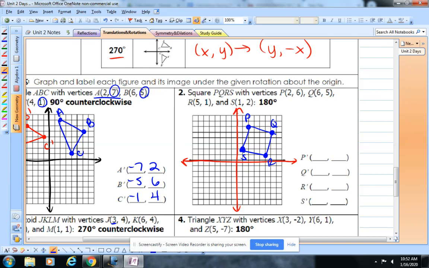So what do we do to our coordinates when we have a 180-degree rotation? Just change all the signs. So P prime from 2, 6 is going to change to what? Negative 2, negative 6. And these are all positive, so they're all going to be negative, right? Negative 6, negative 5, negative 5, negative 1, and then negative 1, negative 2.